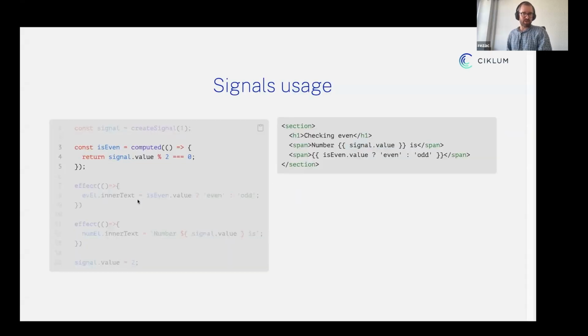We could go line by line and see that this changes when the signal changes, this is triggered when the even is triggered, this is again triggered because of the signal triggered. Then we assign 2 to the signal and we go through the same cycle again and update the template.